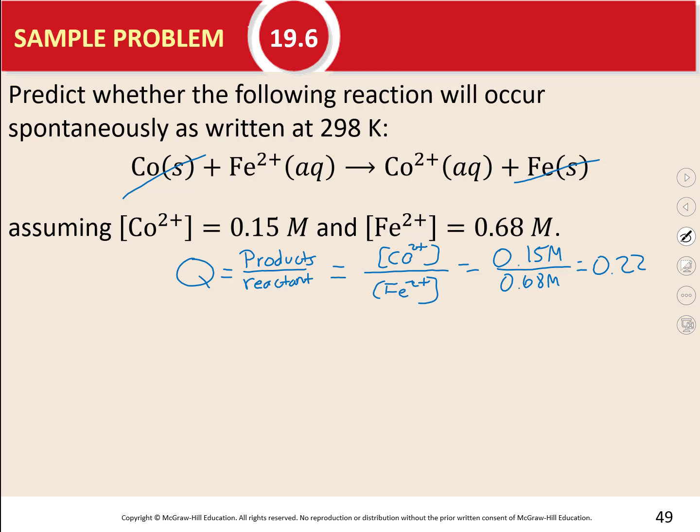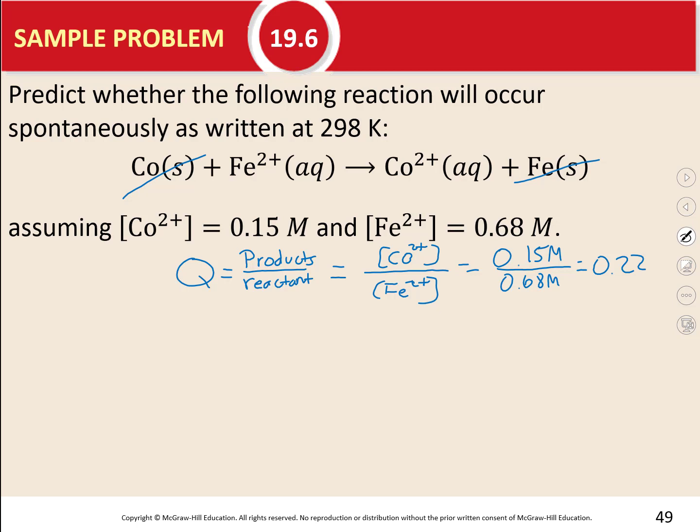In this case, which one is going to be our cathode, the iron or the cobalt? Iron. Iron's getting reduced, so iron is our cathode. So we need to look up the value in the table of iron, iron 2 plus.